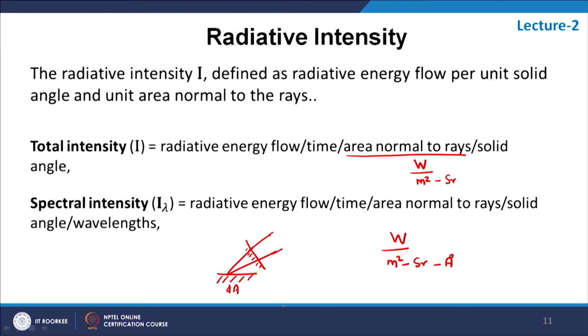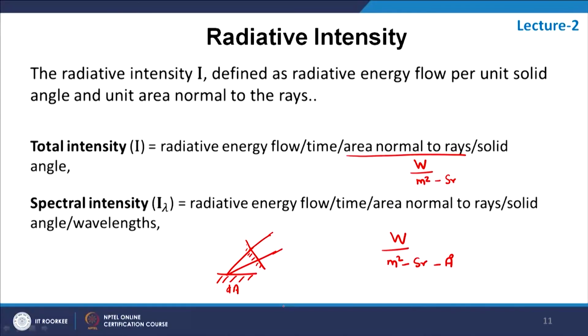Intensity is always defined in terms of area normal to the direction of propagation. This is sometimes confusing, so keep in mind that radiative intensity is defined as the energy emitted per unit area normal to the direction of propagation of the radiation.